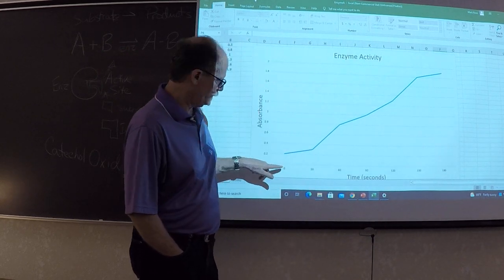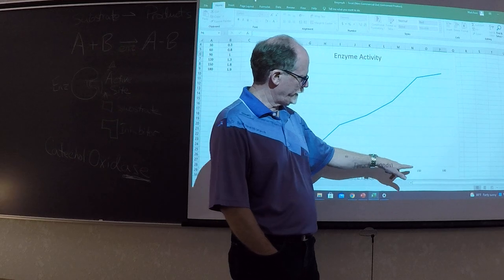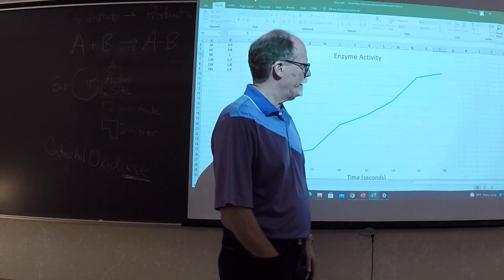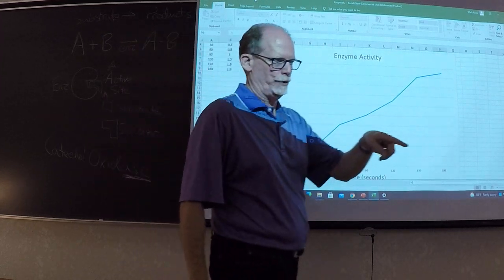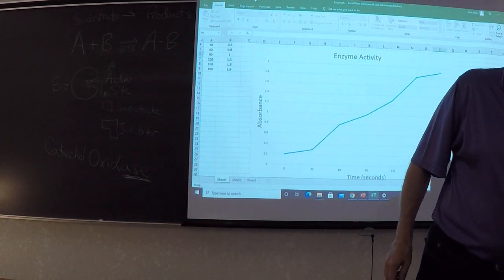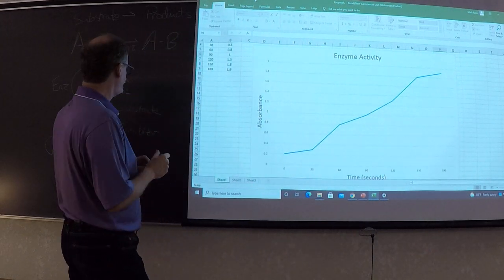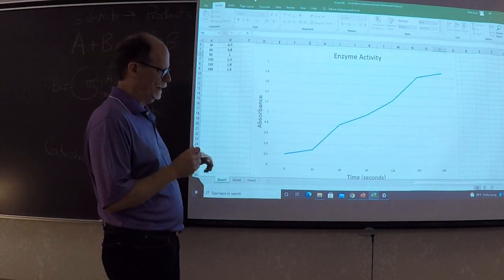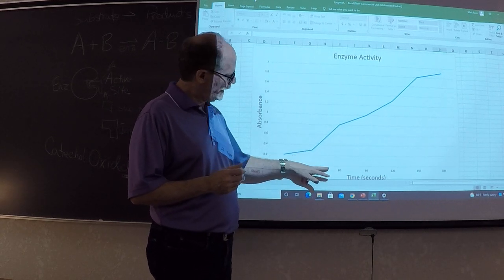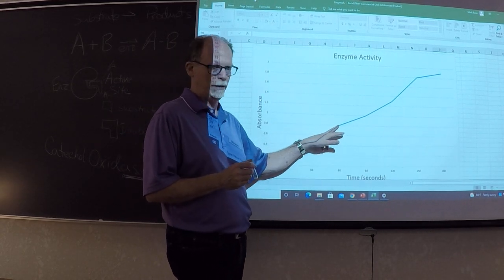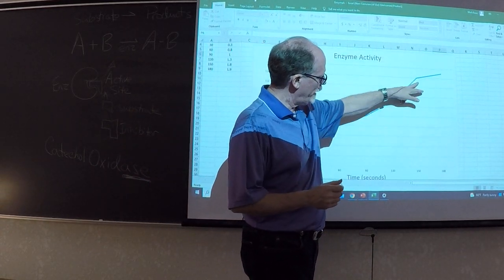If we were to plot absorbance on this graph, with time points 0, 30 seconds, 60 seconds, 90 seconds, 120 seconds, 150, 180, we would take the absorbance of the test tube. We add the substrate, we add the enzyme, and it's going to start turning brown. At 30 seconds, it would be light brown. At 60 seconds, it would start to get darker brown. At 90 seconds, it's getting browner, it's going up.